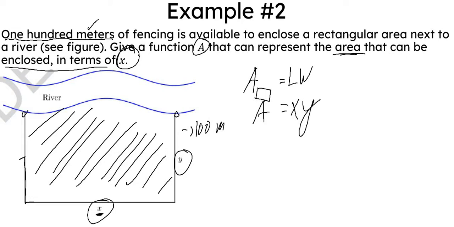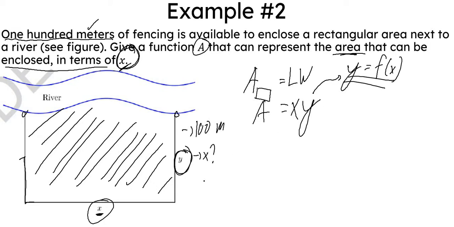However, we need to represent in terms of x. It doesn't say in terms of y as well. And as we all know, y is usually associated with our function notation, so we cannot use y. So how will we now represent this as x?